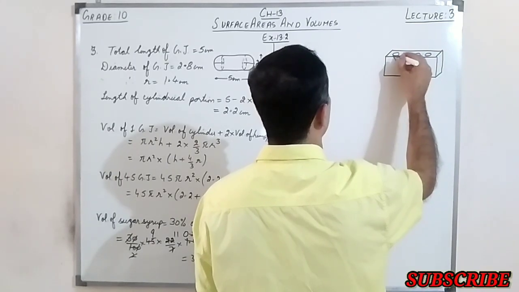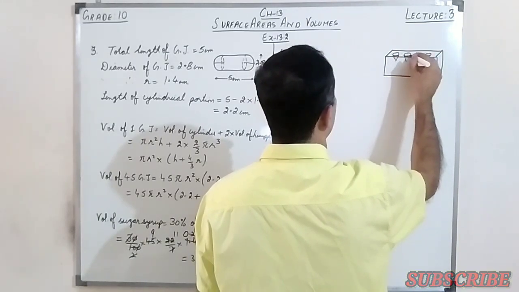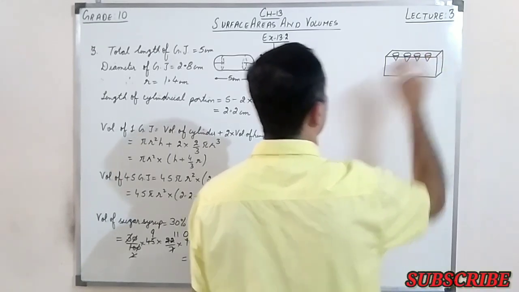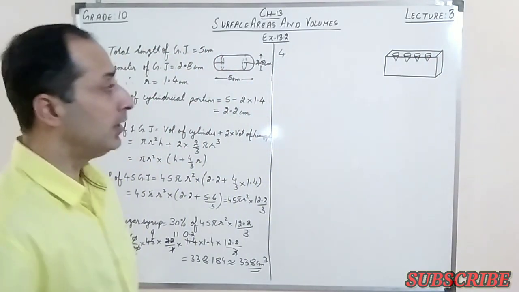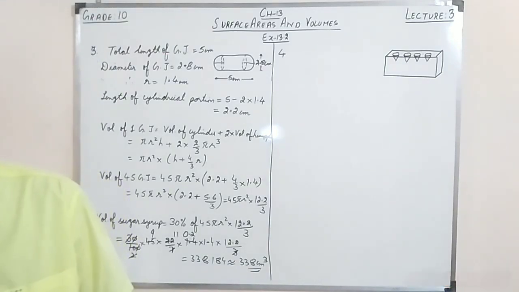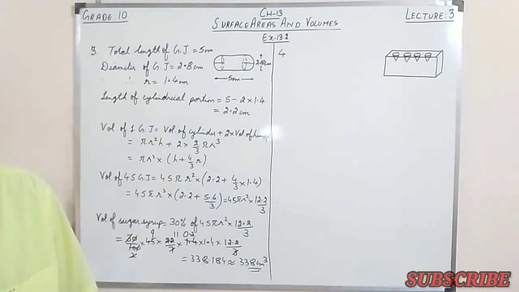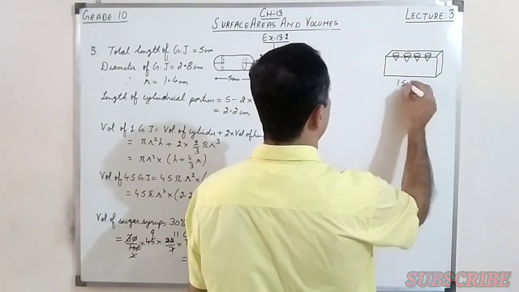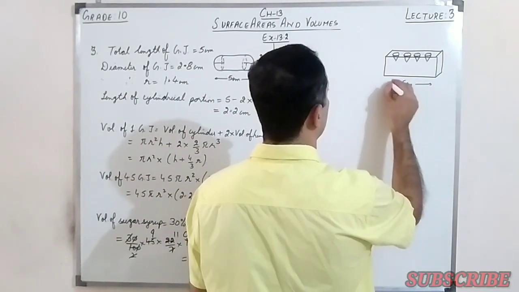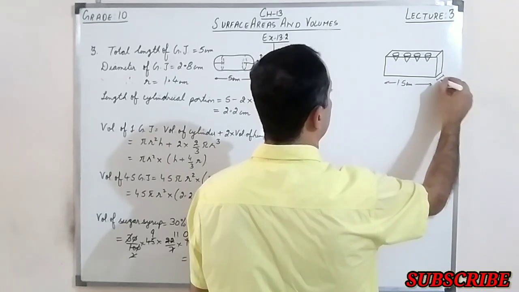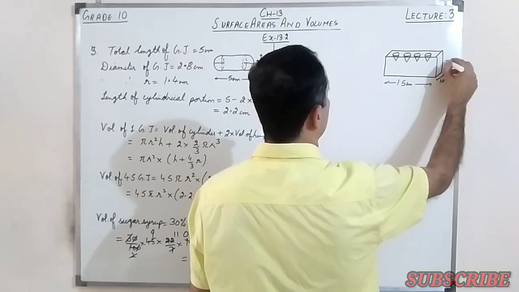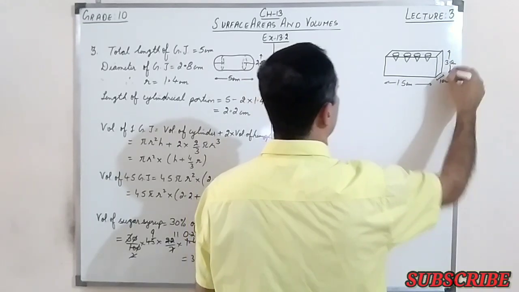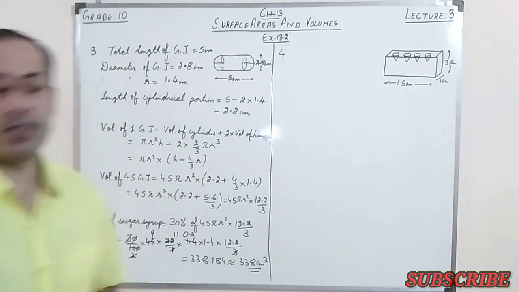So these are the conical depressions basically to put up the pens. Something like this. Now the dimensions of cuboid are given as 15 by 10 by 3.5. So this is 15 centimeter. This is given as 10 centimeter and this is 3.5 centimeter is the height of the pen stand.